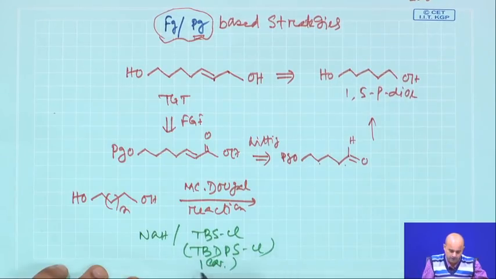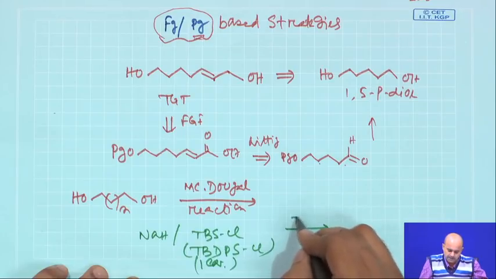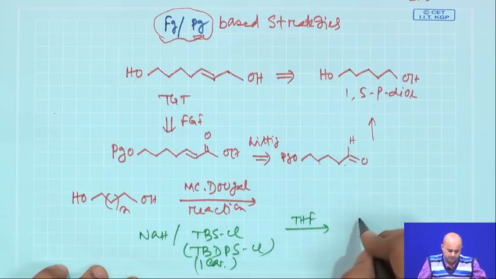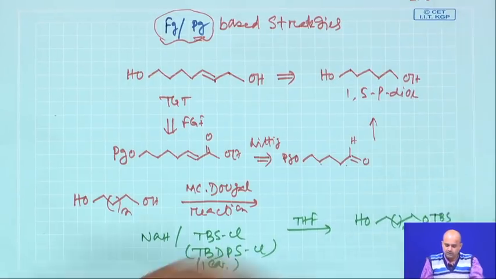You react in THF solvent and you can get a nice monosilyl ether, either TBS or TBDPS based on the reagent you use. So, this protocol is named the McDougall reaction.